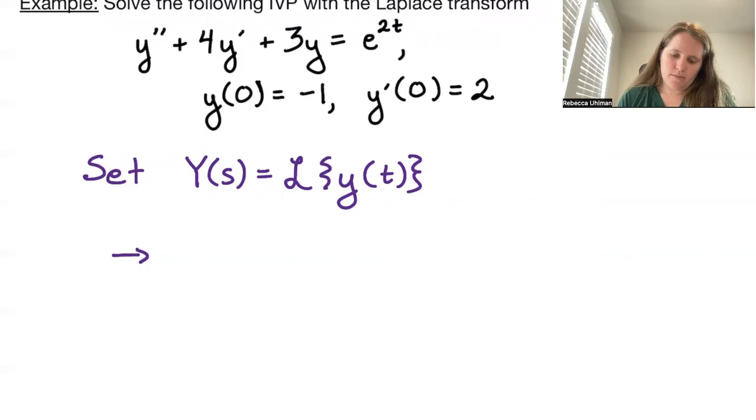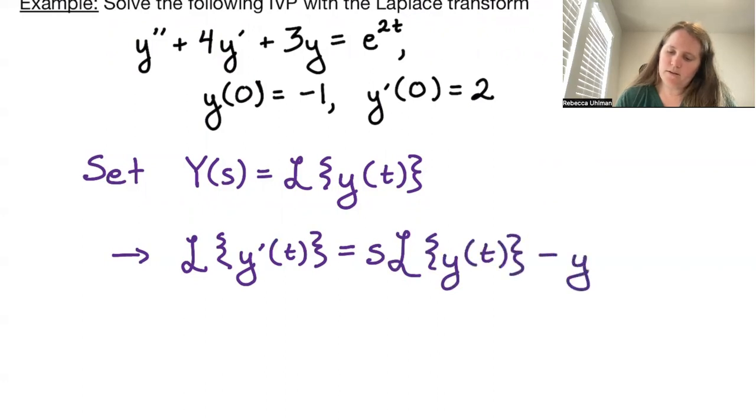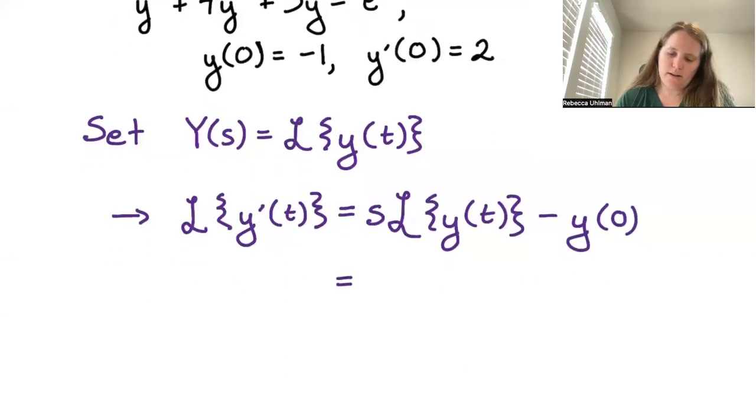The Laplace transform of y prime of t would be equal to S times the Laplace transform of y of t minus y of 0. So we wind up getting S times capital Y of S minus y of 0. So we get minus -1 or plus 1.